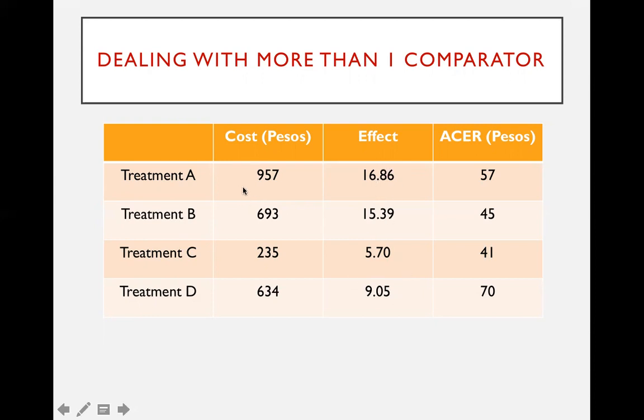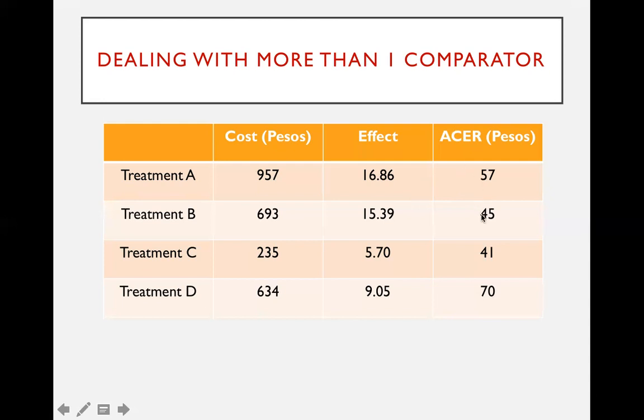Treatment A costs 957, but it would give you 16.86 days. Compared to drug B, which is cheaper at 634, it will give you 9.05 disease-free days. So from these you can compute for your ACER.